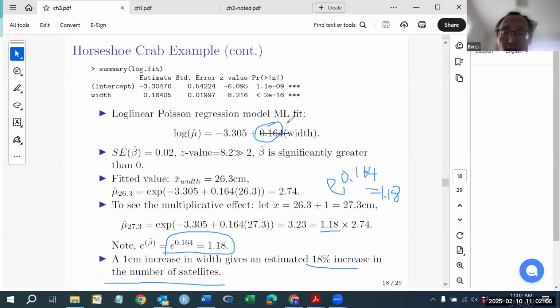So you can see for the log linear model, the x effect is multiplicative. But for the identity model, it is additive. Because in the log model, a 1 centimeter increase in width gives an 18% increase, so that is multiplicative.